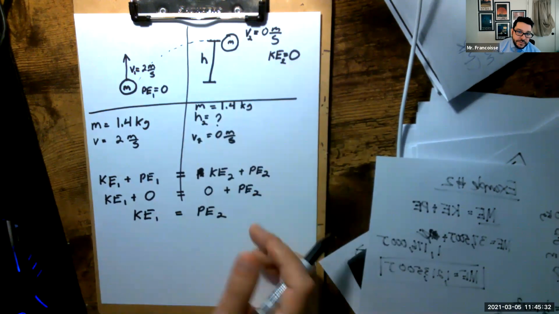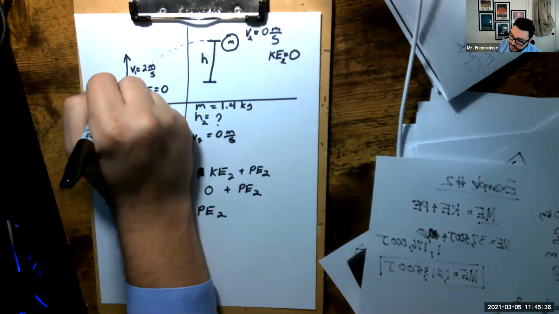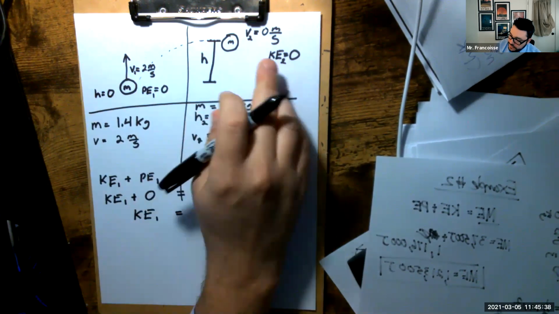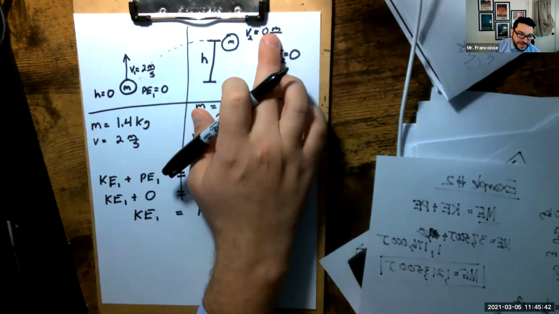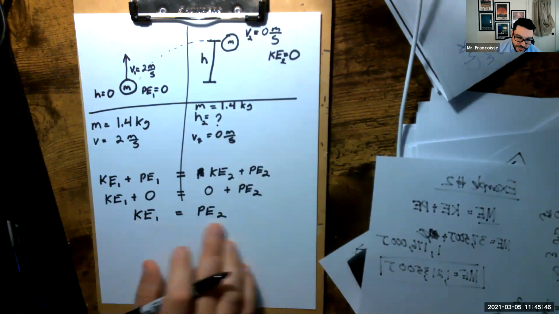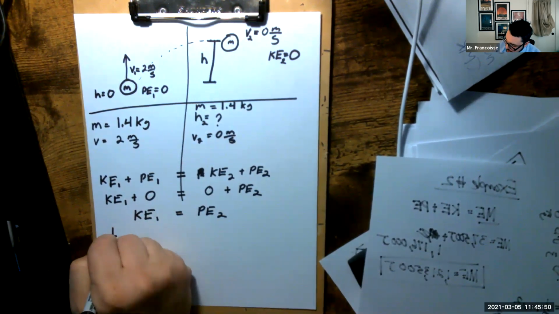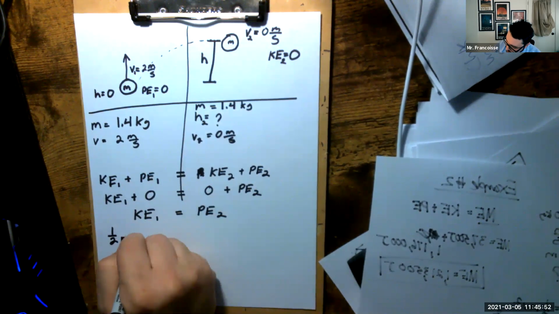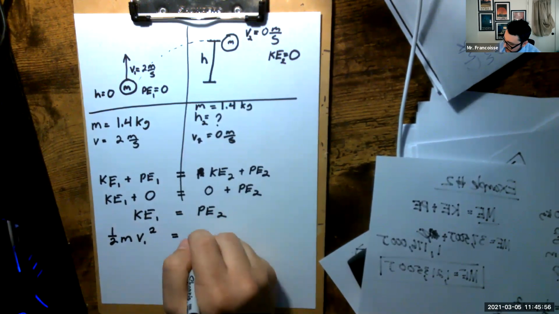So here we can say that height is going to be 0. So that would make potential energy 0. And here velocity is 0, so that would make kinetic energy 0. So from here, we just plug it in. We know that kinetic energy is 1/2 mv1 squared. And we know that potential energy is mgh.